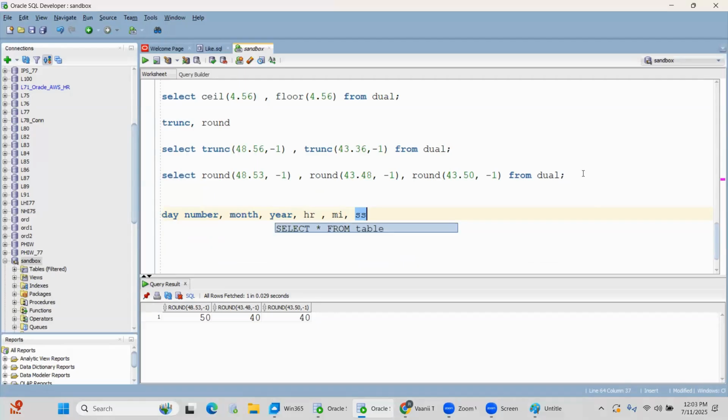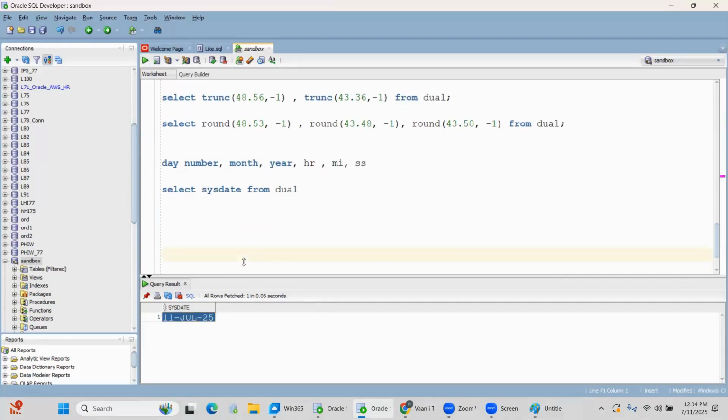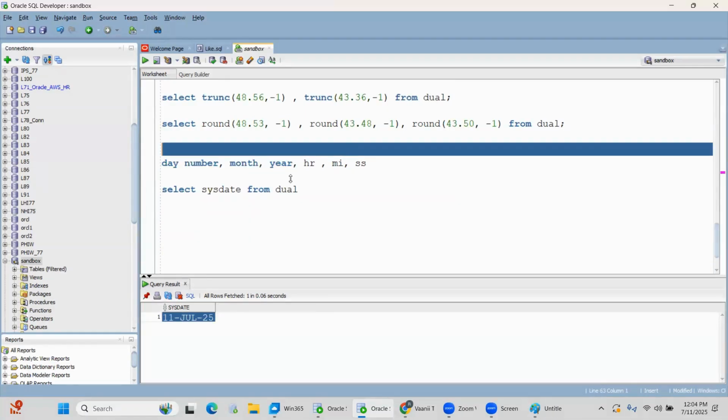There are sometimes milliseconds also, but these many. So if you want to display today's date, what will you write here? In Oracle, we write sysdate from dual. Okay. And if you just go and execute it, you can see the date here. Now, what I want, you can take any component like this from this date.